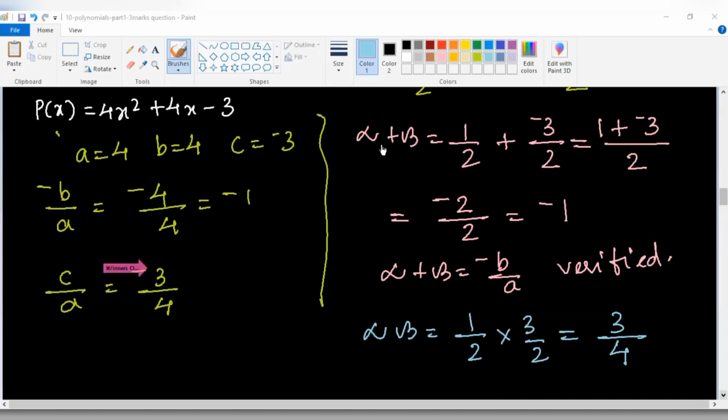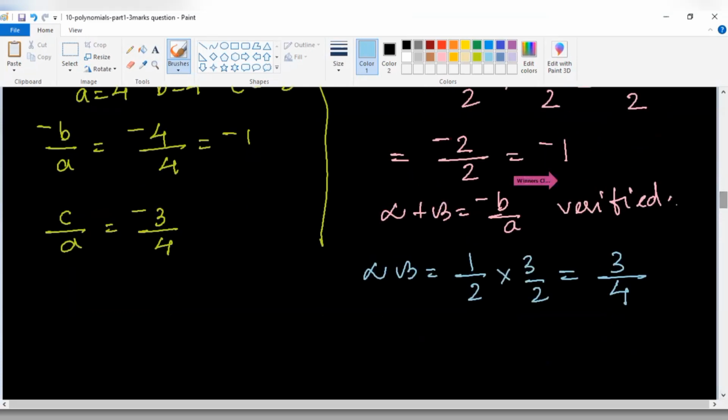Actually, in place of alpha, it was 1 by 2 and in place of beta, it was minus 3 by 2, right? So here, alpha beta is 1 by 2 into minus 3 by 2, that is minus 3 by 4. Okay, now it is okay. We see c by a also, we got it as minus 3 by 4 and alpha beta is also minus 3 by 4. So we can say alpha beta is equal to c by a is also verified.